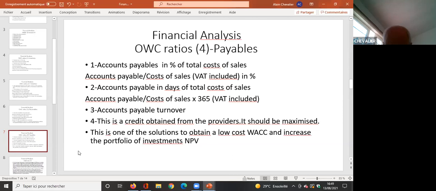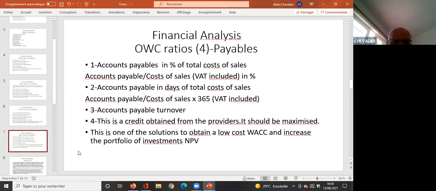Now you have the problem of the accounts payable that you find here, and accounts payable can basically be measured by three ratios, 1, 2, 3 here, and it is very similar to the problem we met with receivables.